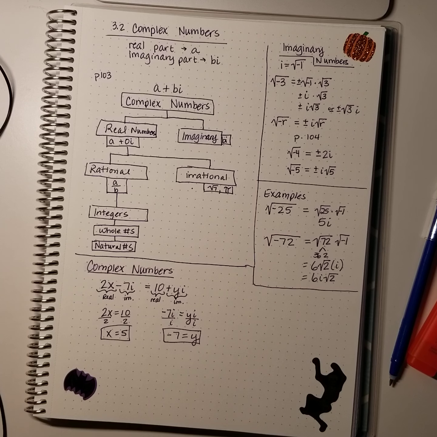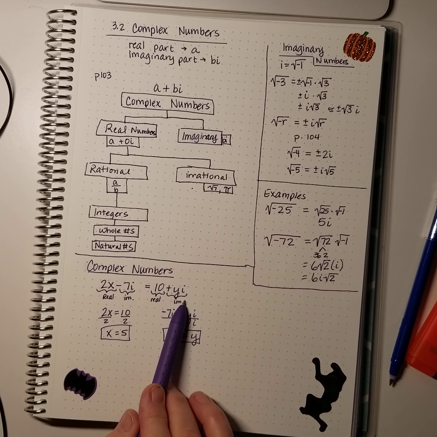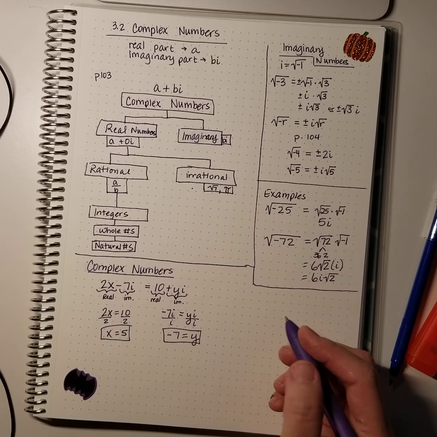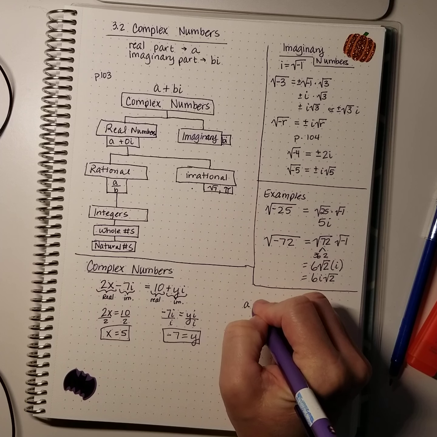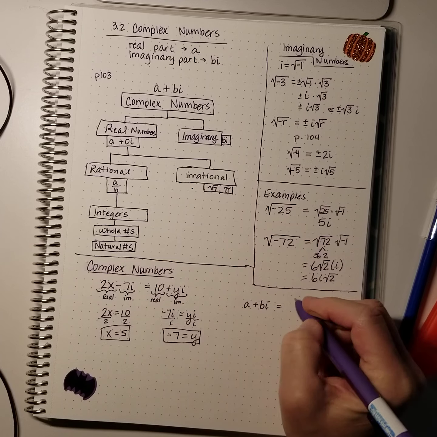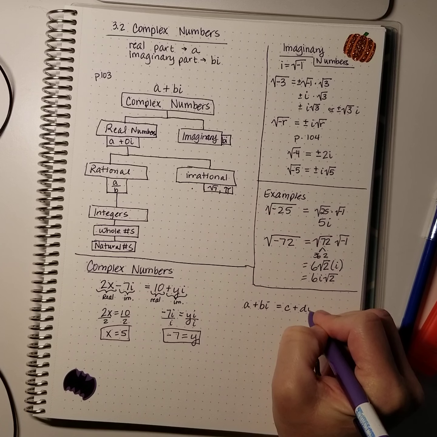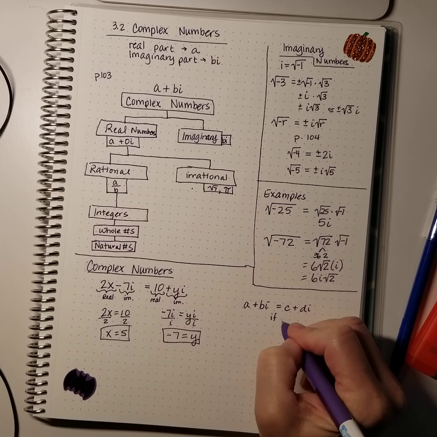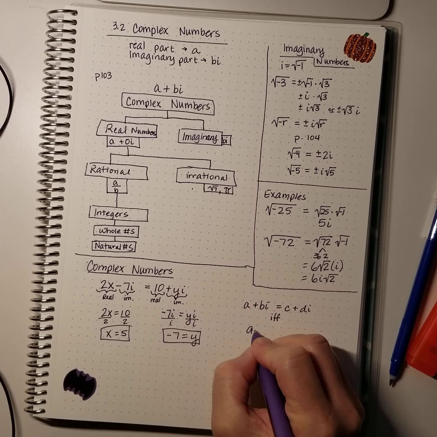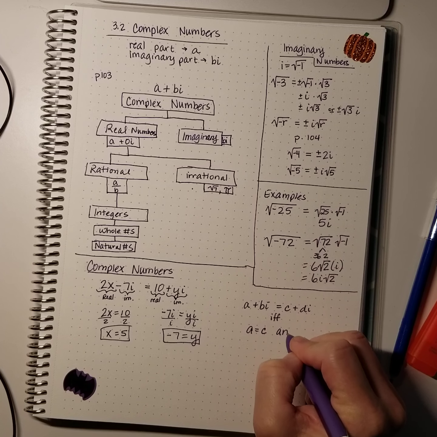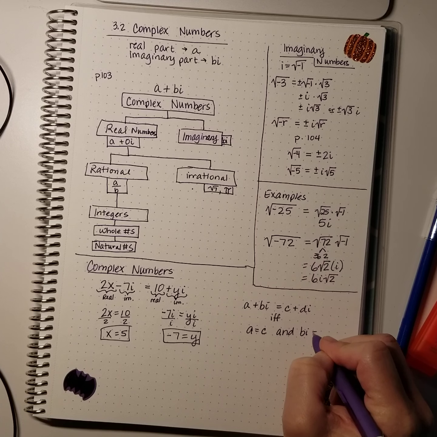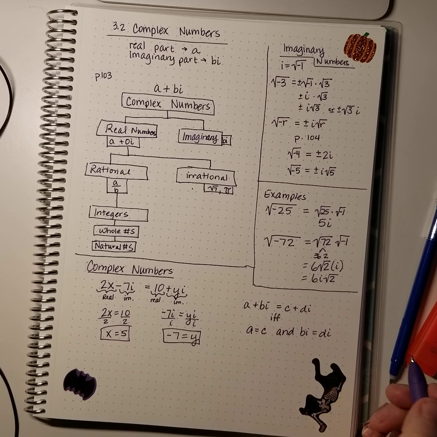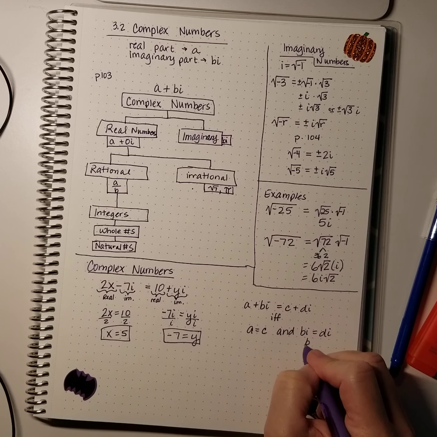That's one of our properties, by the way. Two complex numbers are equal only if the real parts are equal and the imaginary parts are equal. So basically the rule here is a plus bi equals c plus di if and only if a equals c and bi equals di, or more simply, b equals d.